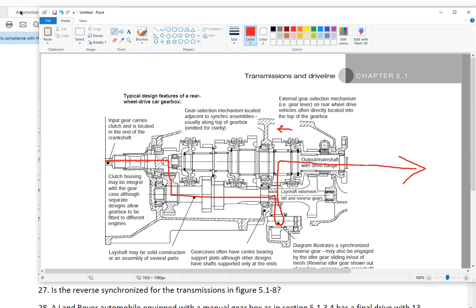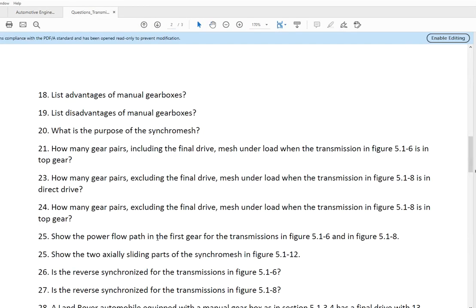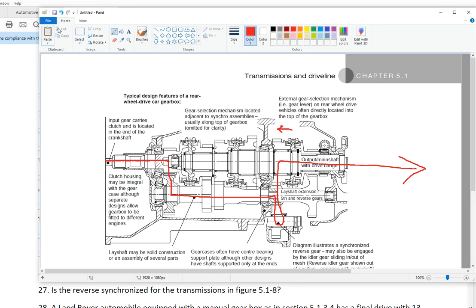In the first gear, was that a question? So first gear, okay, first gear is going to be this way. Other than direct drive, I'm always going to see meshing under load this first gear pair, and then I'm looking for the highest reduction.